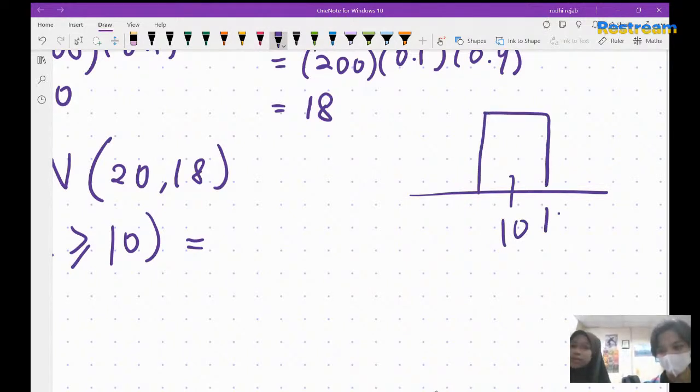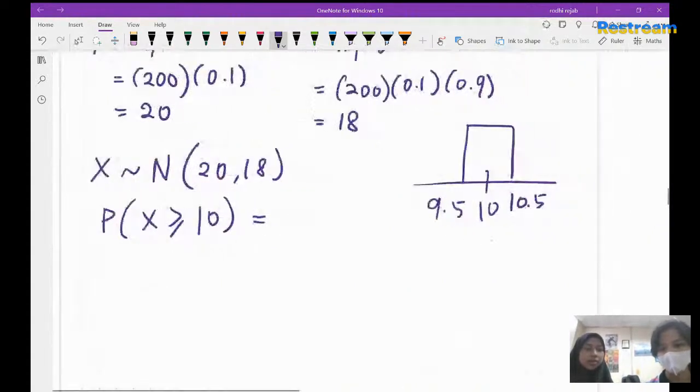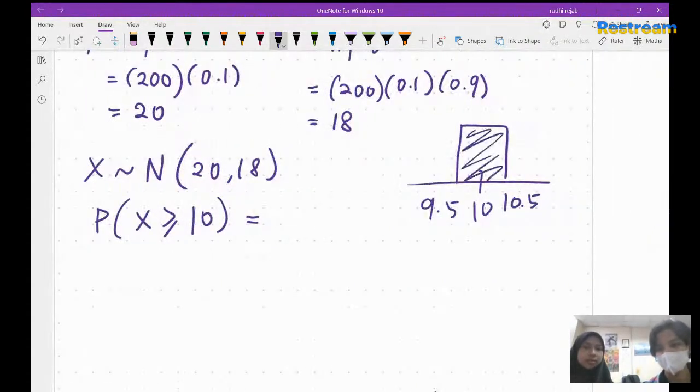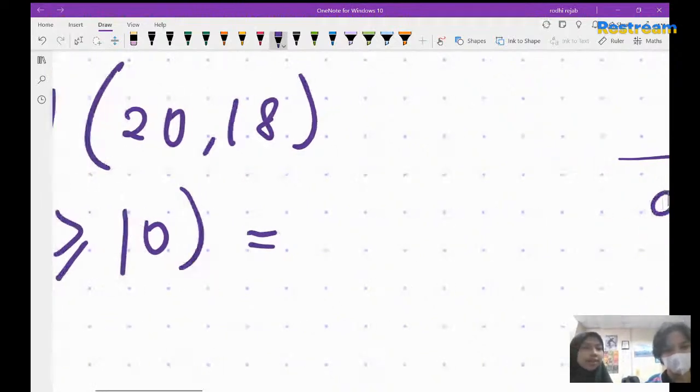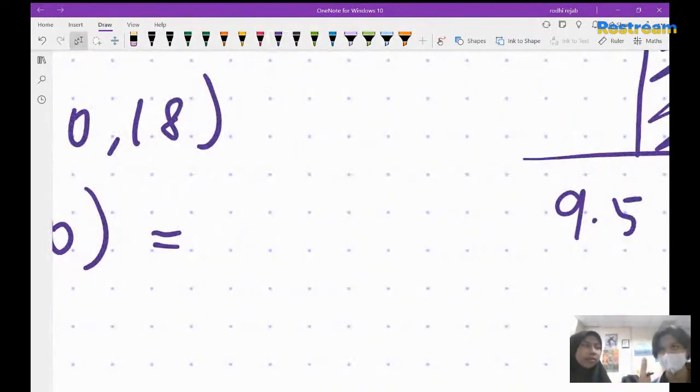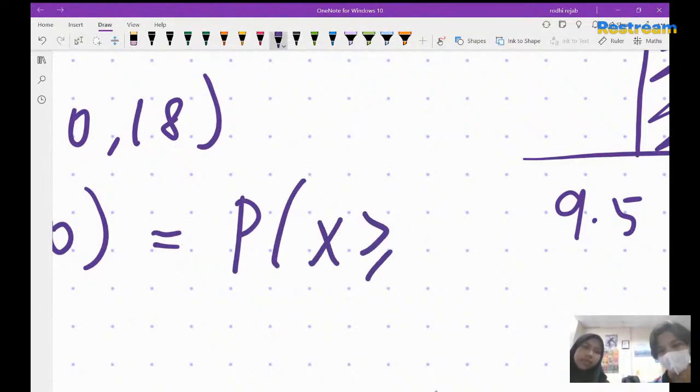So 10.5 or 9.5. To include 10, meaning the whole thing is included, we take 9.5. So the approximation of the probability of X more than or equal to 10 would be the probability X more than 9.5.